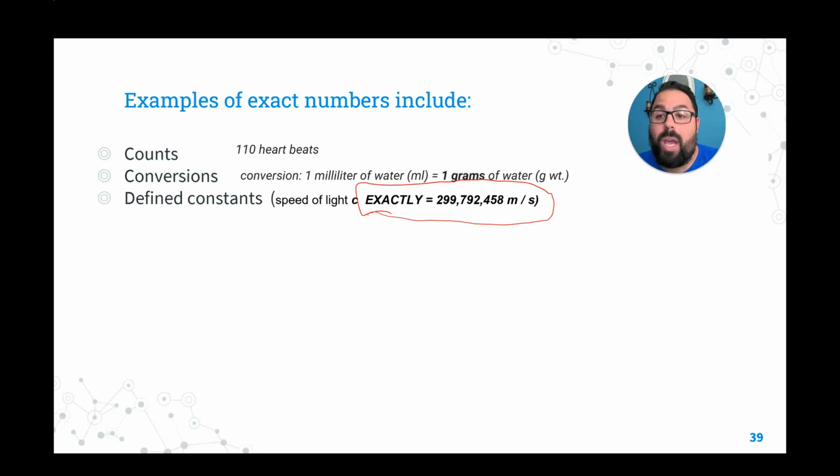So the way we define the speed of light is exactly 299,792,458 meters per second, exactly. And the reason we say exactly is because it is an exact number. So don't let these ones that almost look like measurements seem like they're supposed to be significant figures, because that will mess up your calculations.